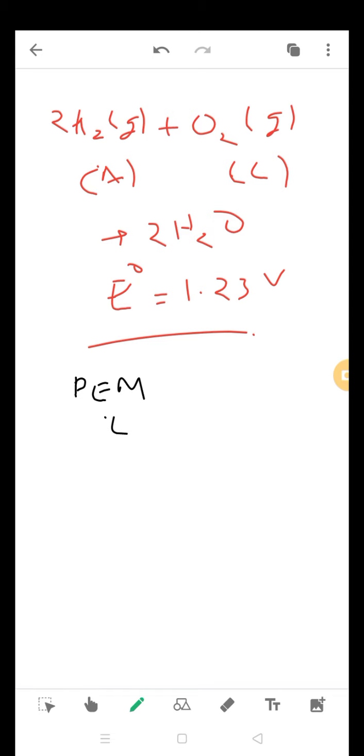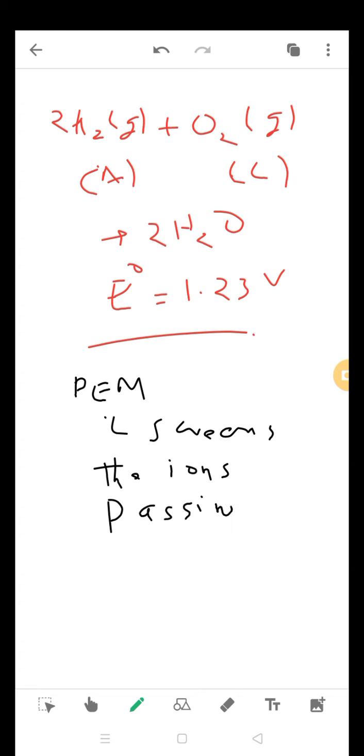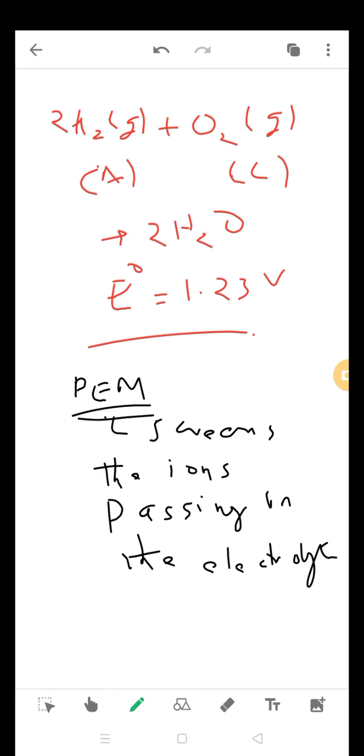It screens the ions passing in the electrolyte. This is the proton exchange.